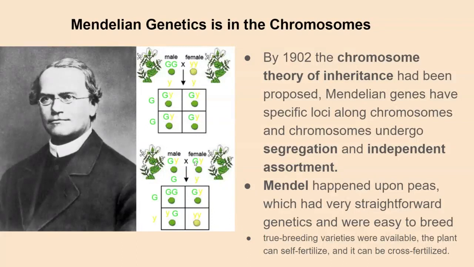And I can cross-fertilize it, meaning I can take one of these true breeding green plants and true breeding yellow plants and get a variety of offspring. So I can track those genes and track those traits.